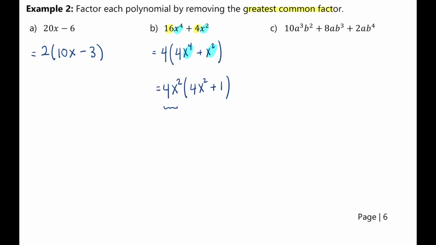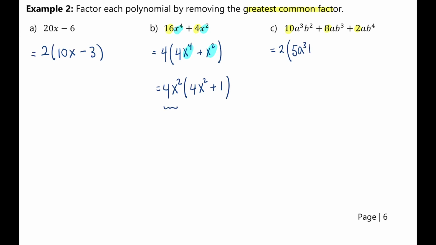Last example. This time we have 3 terms. The steps are exactly the same. First, take a look at the coefficients. And I see they're all even numbers, so I'm going to take out 2 and rewrite the expression. 10 divided by 2 is 5.